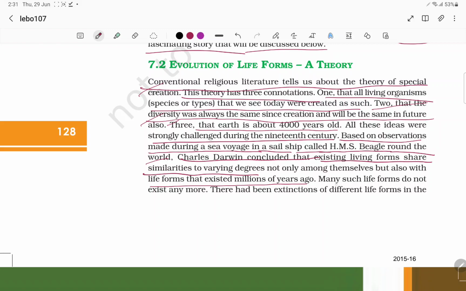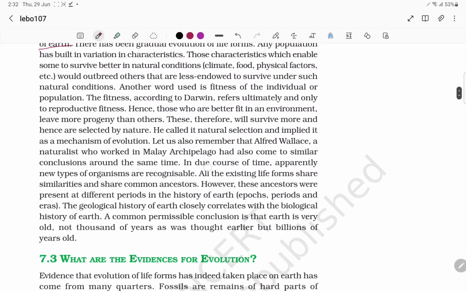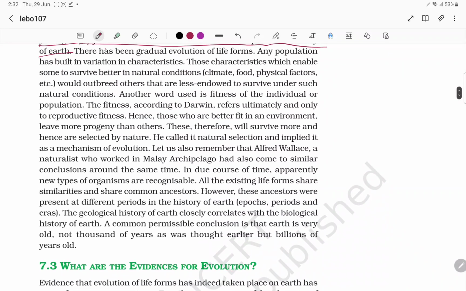Many such life forms do not exist anymore. There have been extinctions of different life forms over the years, and new life forms arose in different periods of the history of Earth. This has been a gradual evolution of life forms.